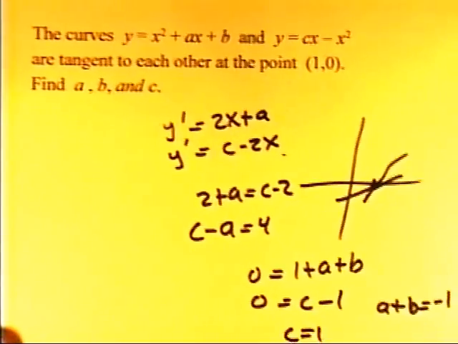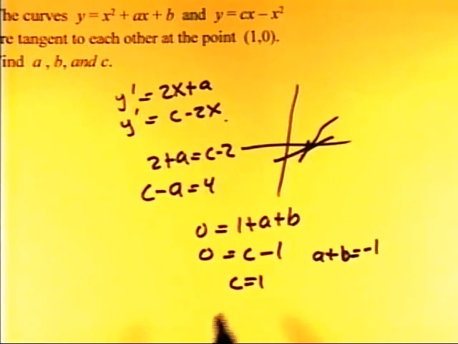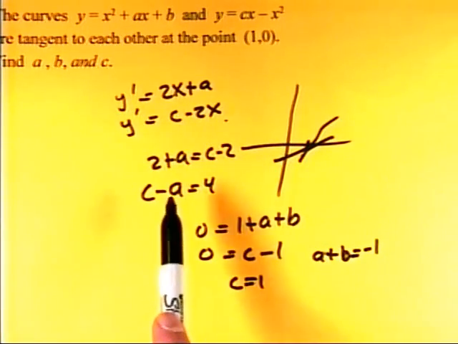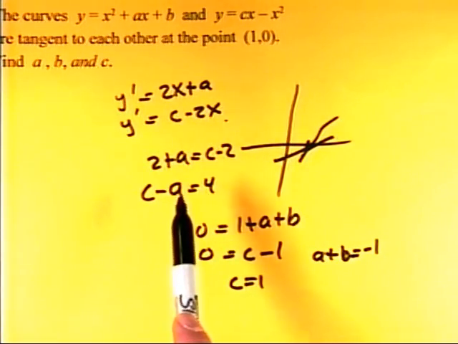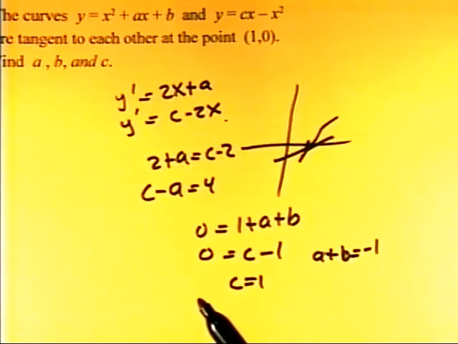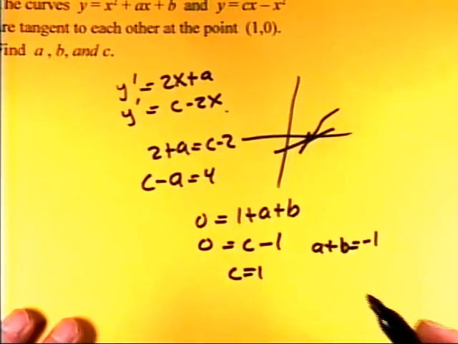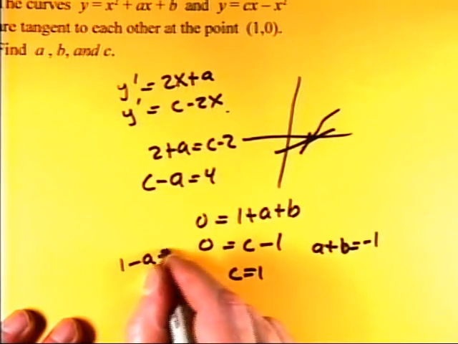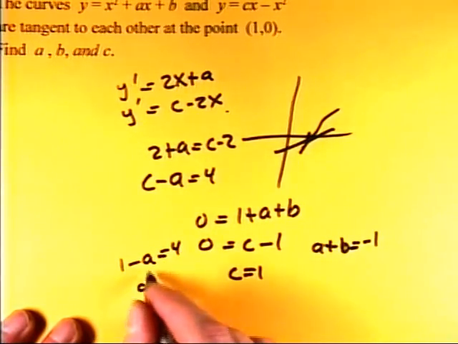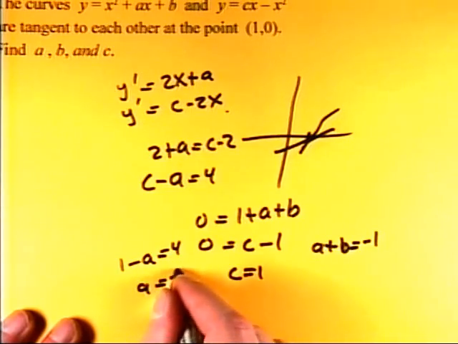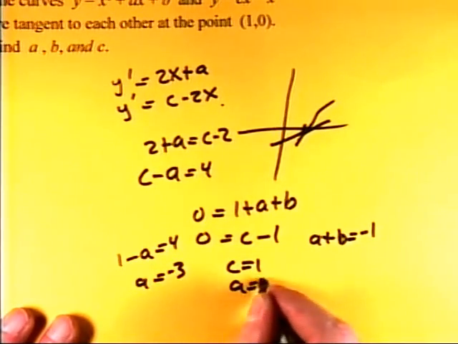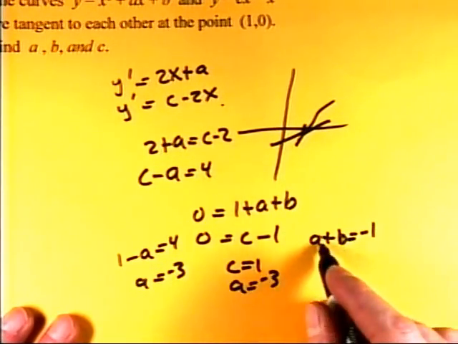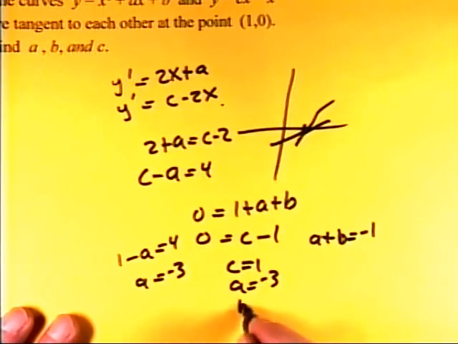Do we have everything we need to find it? When we know C is equal to 1, we can figure out A, right? What's A? 1 minus what is -4? -3. It might be easier if you actually write it out. So you got A, move the A, subtract the 4. A is -3. Okay, A is equal to -3. You plug that in, and then B is equal to 2.